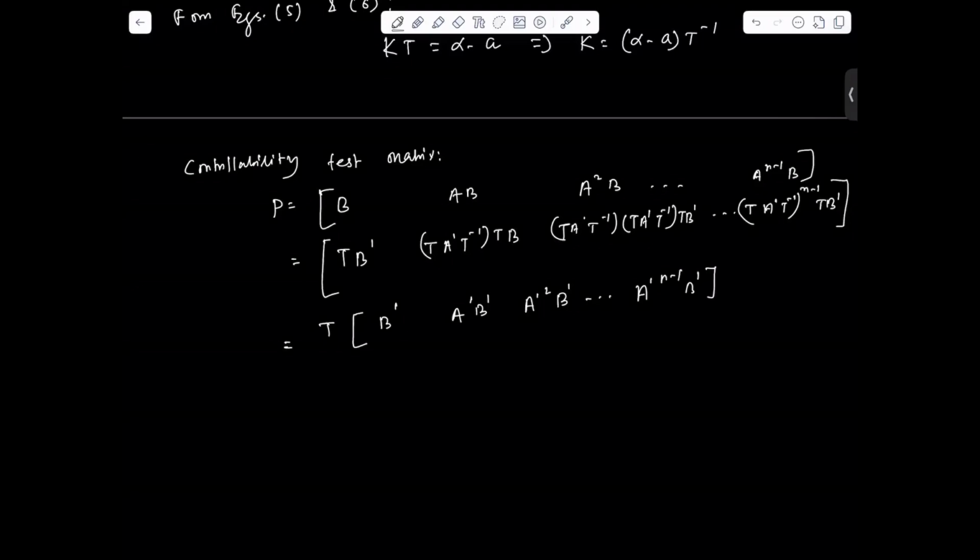All the terms inside the bracket are the same as the P matrix except for the dash, so we can write this as T P dash.